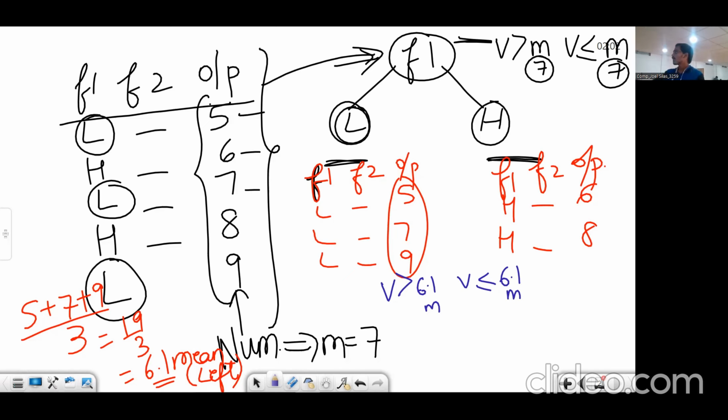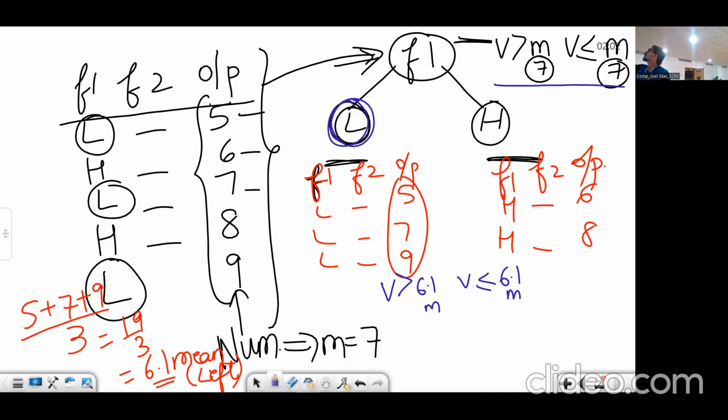Based on this, we will have the number of labels. So now, again, we need to split further. From this node, we have found out the labels, the values, how many are greater than mean and how many are less than mean. So here, the number of values which are greater than 7 at this low.